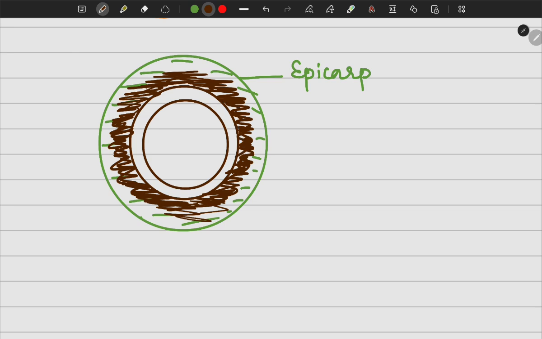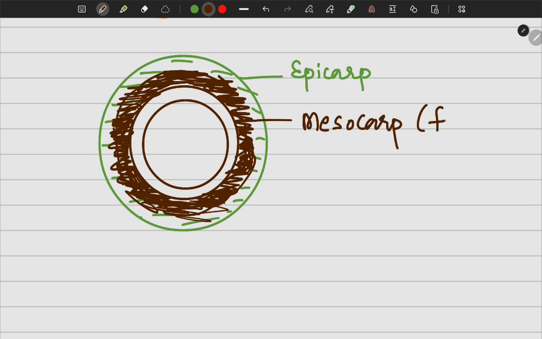It looks brown and fibrous. That brown and fibrous part is the mesocarp, which is fibrous in the case of coconut.